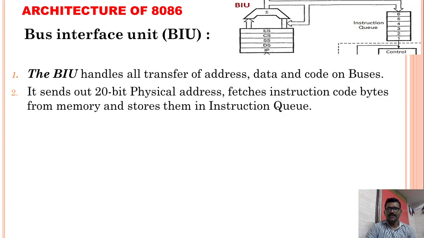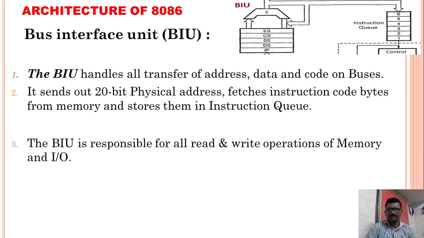And the BIU sends the 20-bit physical address. Yes, it has 20-bit physical address generation circuitry. By using a 16-bit address, it generates the 20-bit physical address of data or instructions stored in memory or in an IO port.